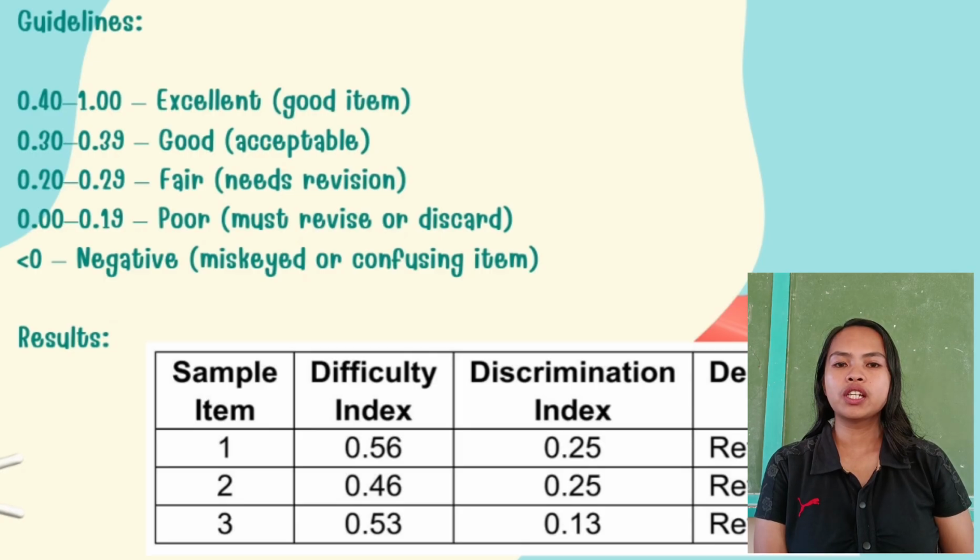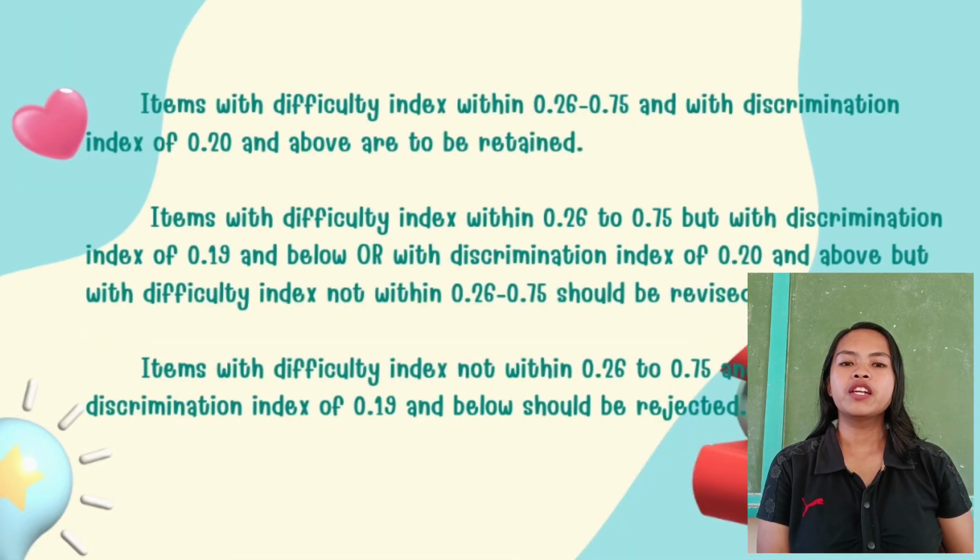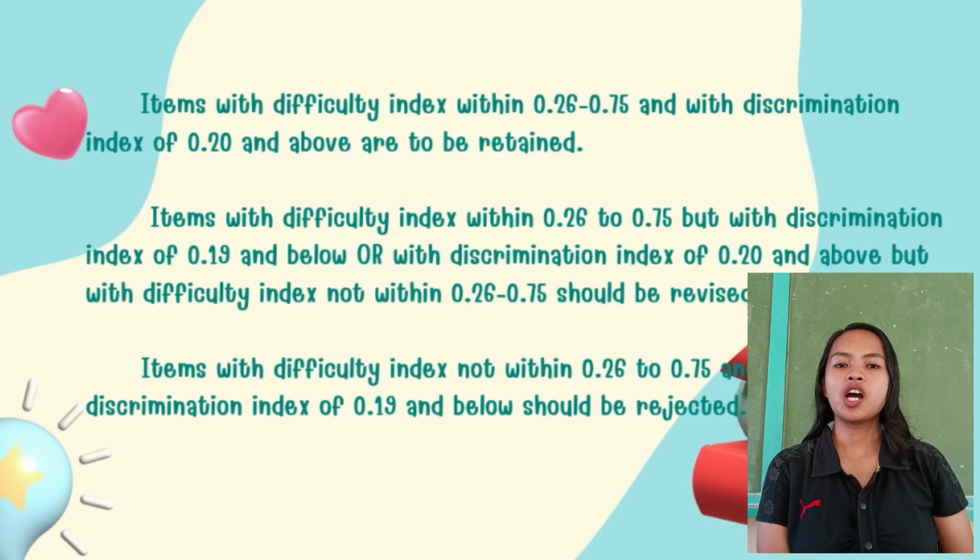On the result, it is revised because according to the guidelines, if the difficulty index is 0.26 to 0.75, while the discrimination index is 20 and above, it is retained.